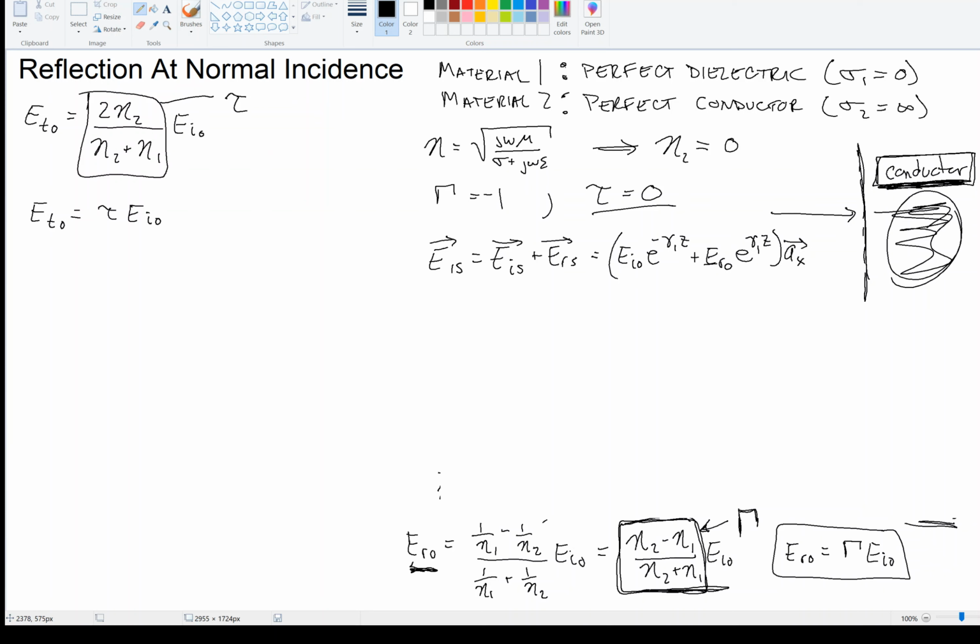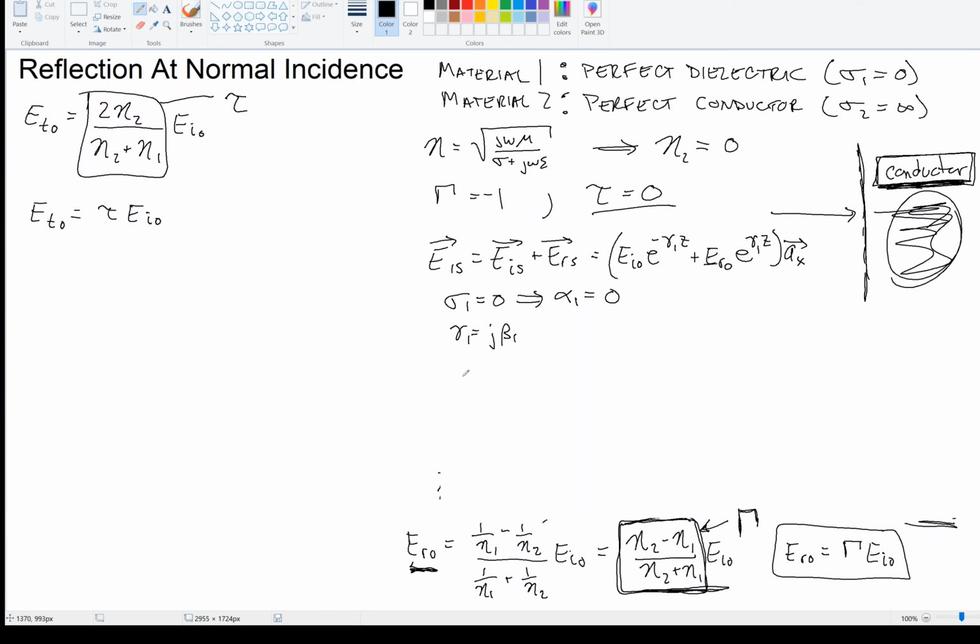And I can recall that sigma 1 is 0 in material 1. So that implies that alpha 1 is equal to 0. There's no loss in a perfect dielectric, and that means that gamma 1 is simply j beta 1.